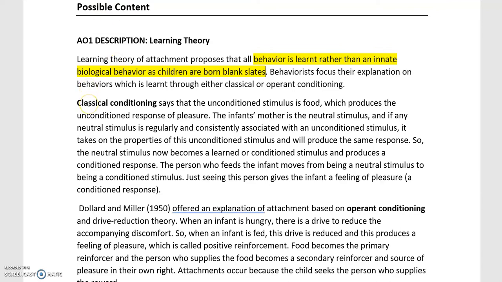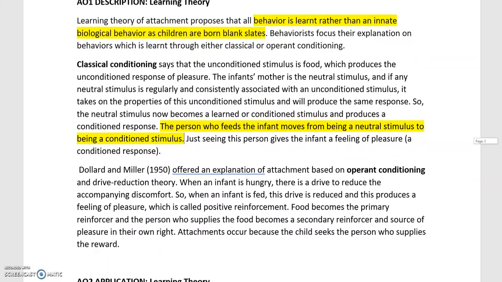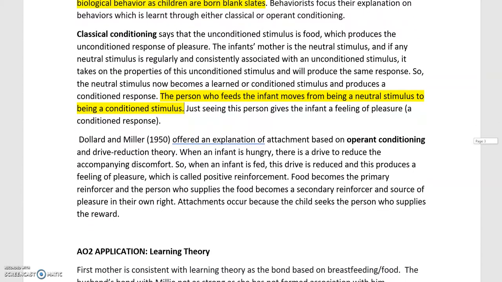Then they go on to talk about classical conditioning, and they explain the person who feeds the infant moves from being a neutral stimulus to a conditioned stimulus, and so on. They've explained it. That would get you a 2nd point there. And then they go on to talk about operant conditioning, drive reduction theory, when an infant is hungry, the infant is fed and the drive is reduced through positive reinforcement.